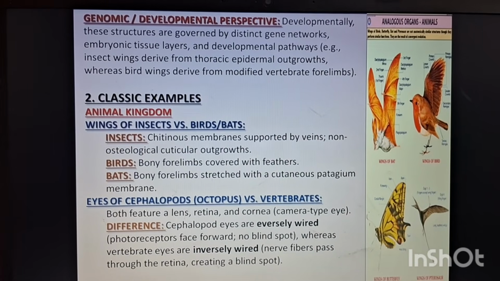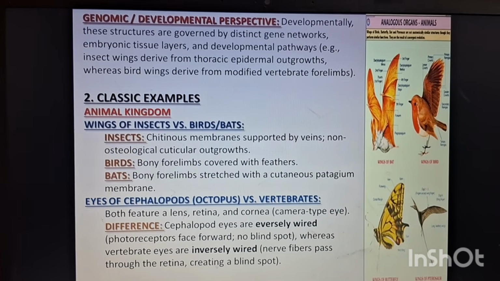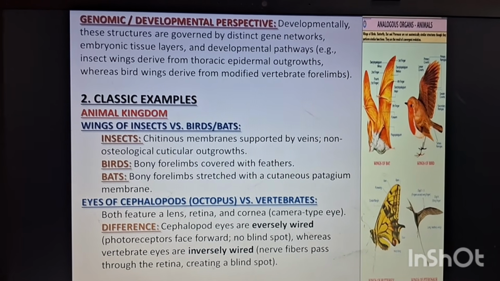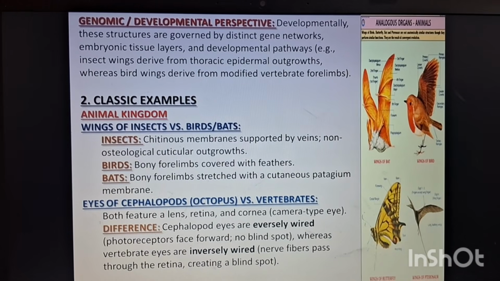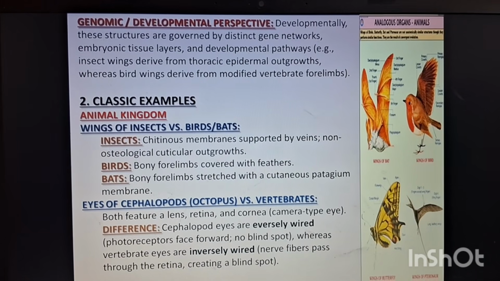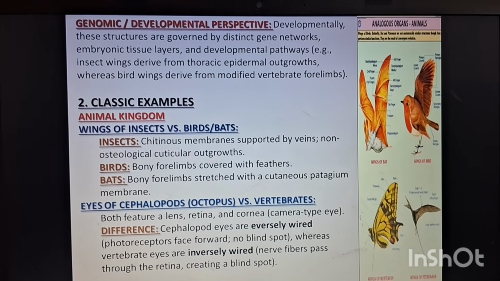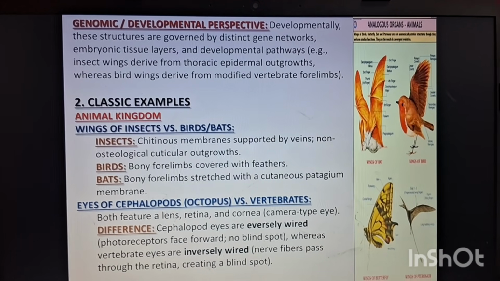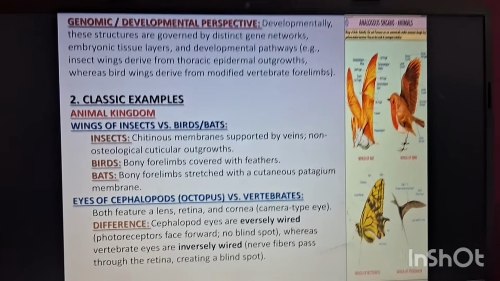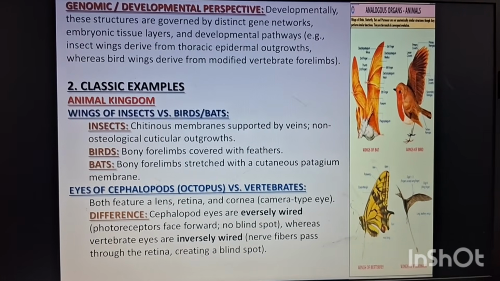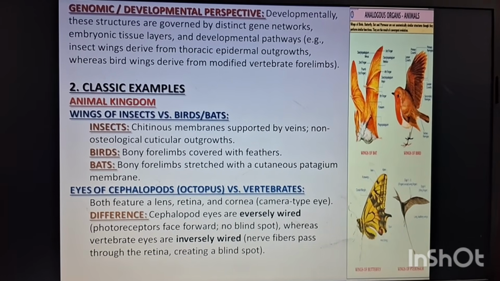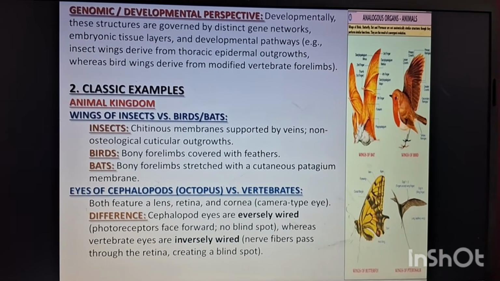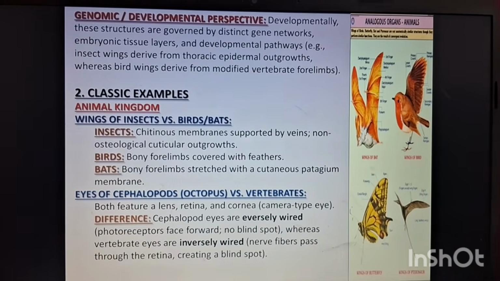Next mechanism is the genomic and developmental perspective. Developmentally, these structures are governed by distinct gene networks, that is embryonic tissue layers and developmental pathways. Example, insect wings derive from the thoracic epidermal outgrowths, whereas bird wings derive from the modified vertebrate forelimbs. Next, classic example.